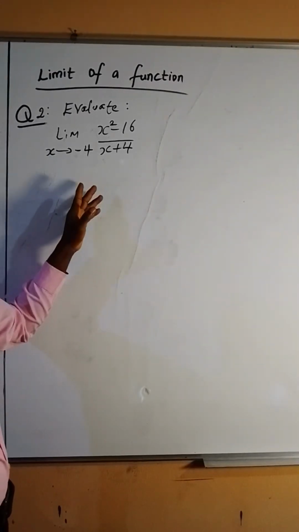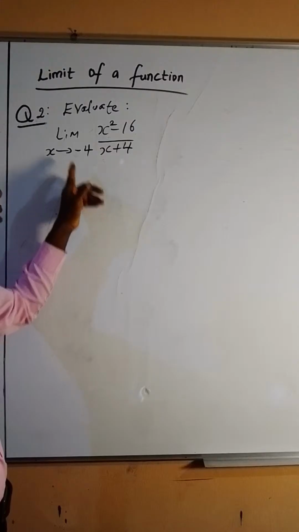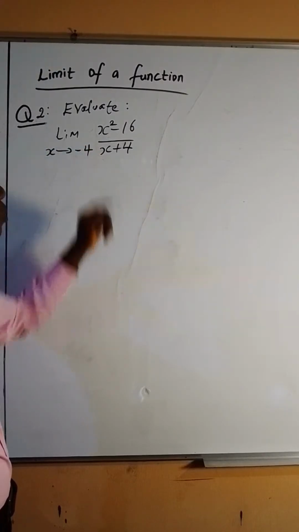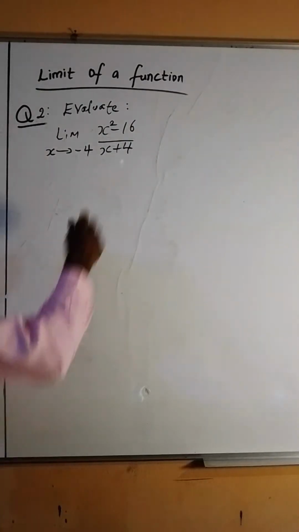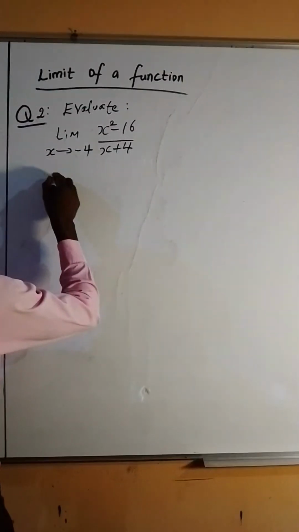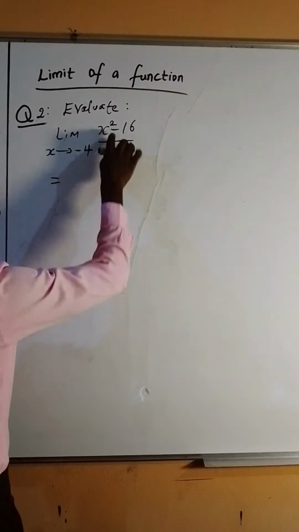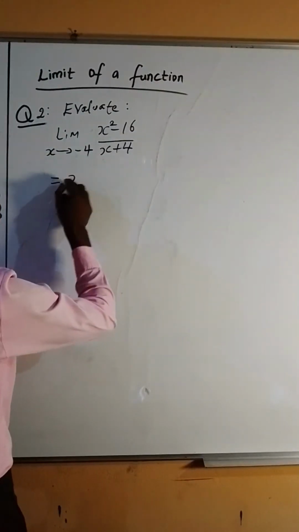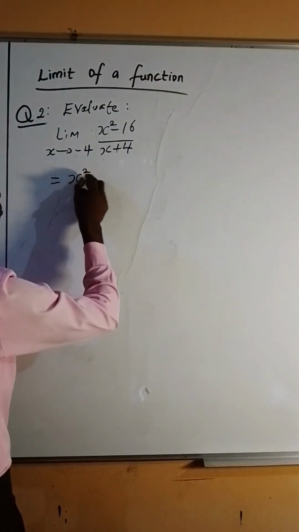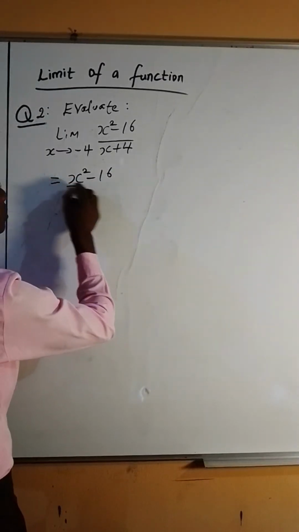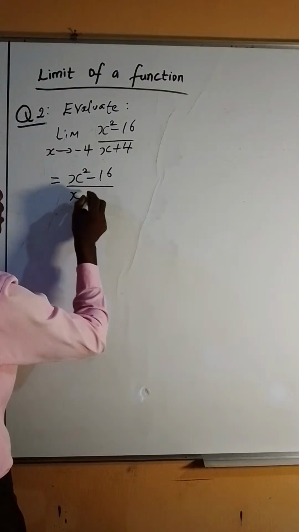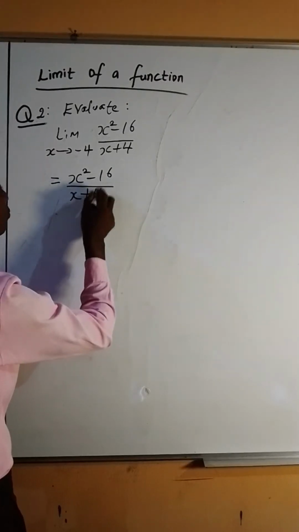We are going to reduce this fraction to the lowest term before doing our substitution. After cancelling out, we make our substitution and get our values. So we have the limit as x tends to minus 4 of x squared minus 16 divided by x plus 4.